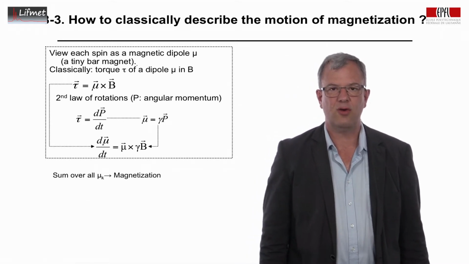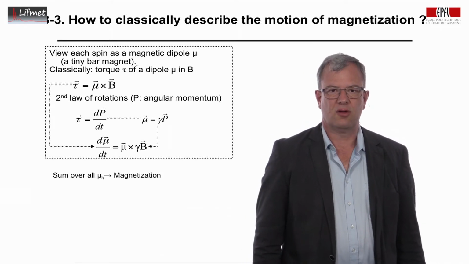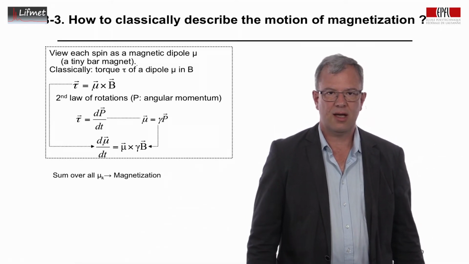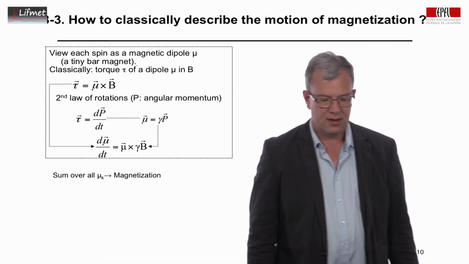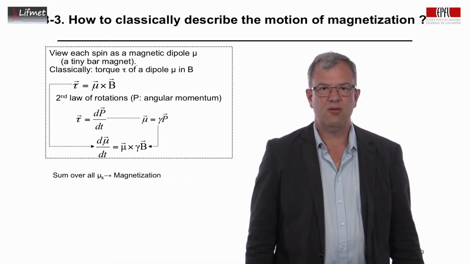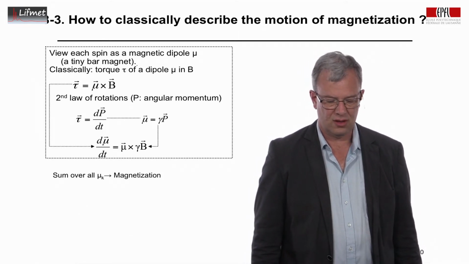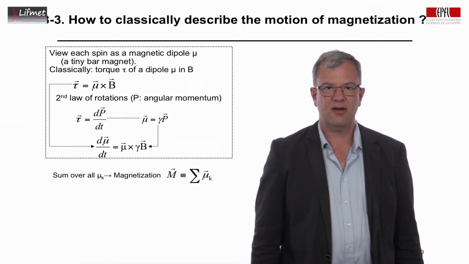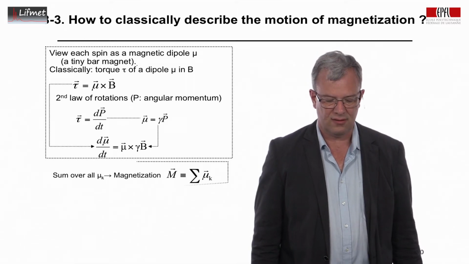Now, if we sum over all the magnetic moments that are in our voxel, all the hydrogen nuclei, all the protons that we have in there, then we get the macroscopically measured magnetization. So we define this magnetization as the sum of all magnetic moments present in our voxel.